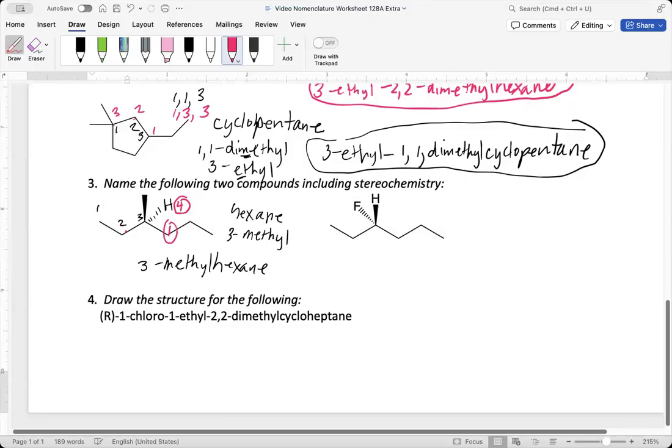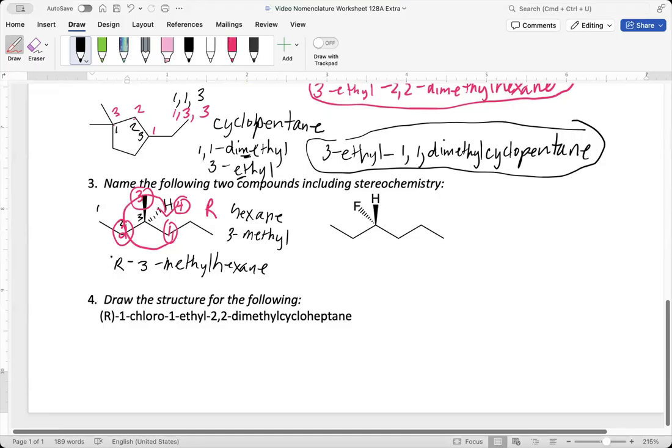Then the next highest priority is the ethyl group. And the 3rd priority is the methyl group. So with that hydrogen pointing back, all we need to do is decide if this is clockwise or counterclockwise. And you can see here that it is clockwise, and that gives us R. So the name of this compound is R-3-methylhexane.